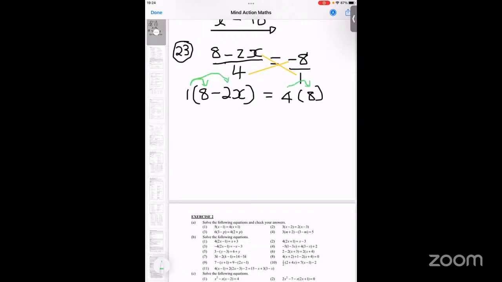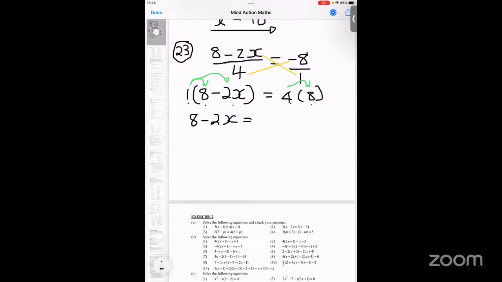The reason they took you through that is because they knew that at some point I'm going to take you through this type of question where you will need that knowledge. So they were just preparing you for this. So what is that times that? Obviously it is 8. That times that, obviously it is negative 2x, which equals that times that.